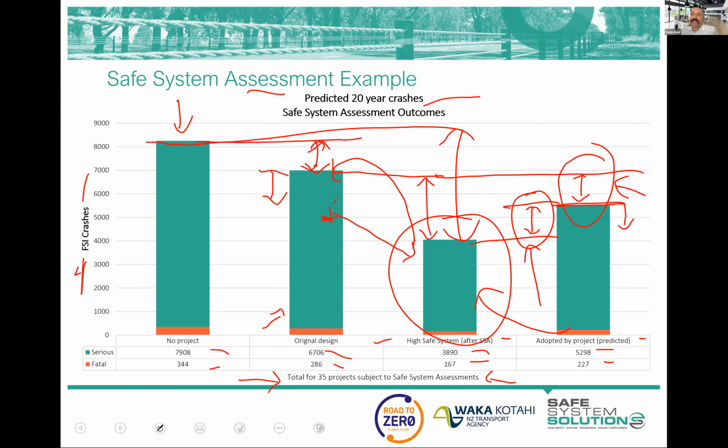Now, in a safe system assessment, you'll notice that we do try to make recommendations across all of the elements of the system, and that was taken into account in the evaluation, except that they said, okay, you've suggested enforcement bays, great, or you've looked at vehicle technology, but you haven't been able to make any recommendation on this isolated project. That's because these are isolated infrastructure projects. That sort of stuff needs to be done at a nationwide level.